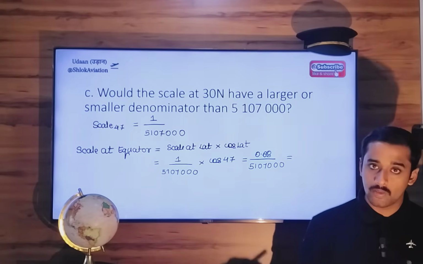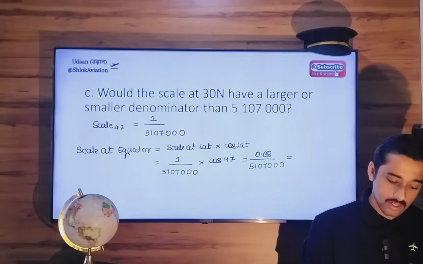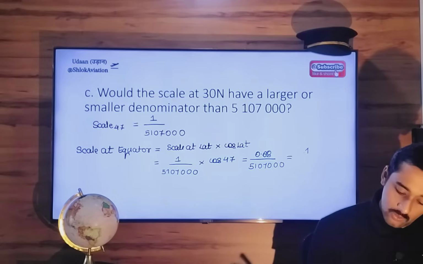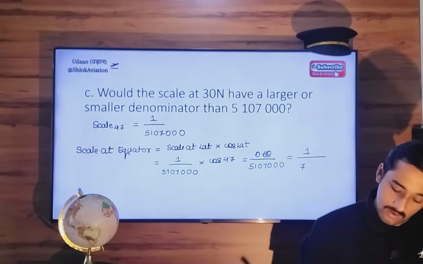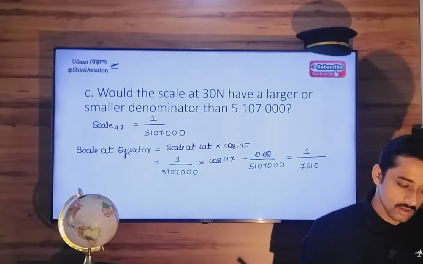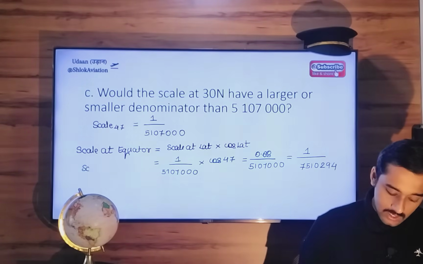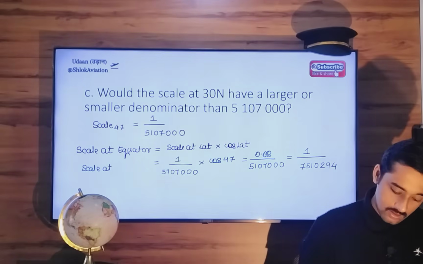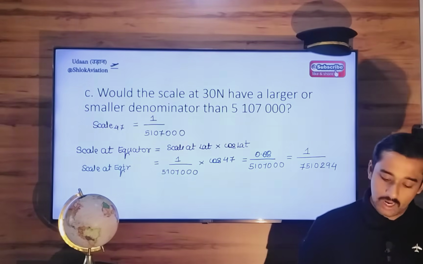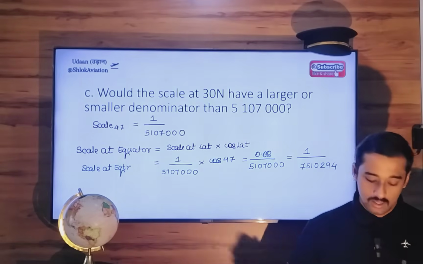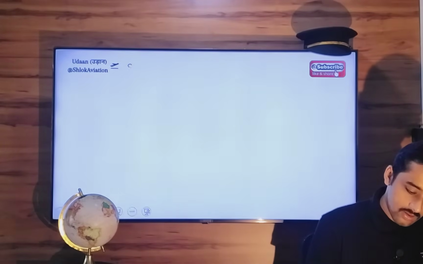Dividing numerator and denominator by 0.68, you get 5107,000 divided by 0.68 to be equal to 1 divided by 7510294. Okay, so scale at equator is 1 divided by 7510294.